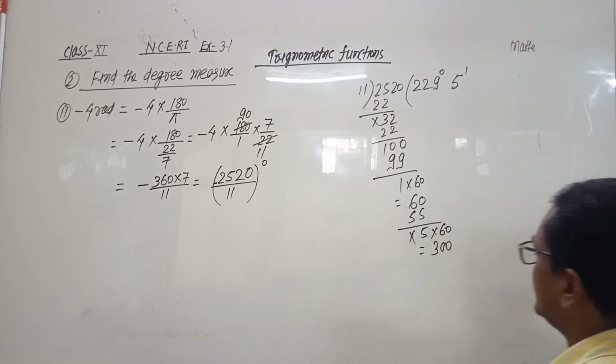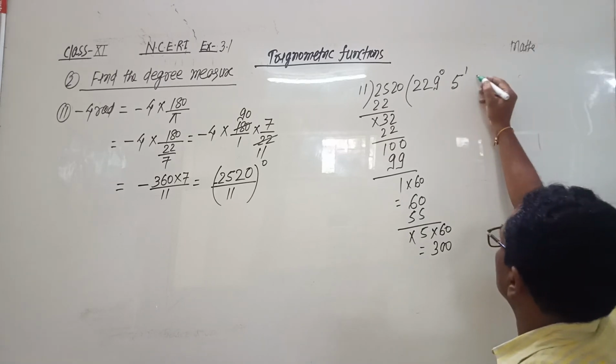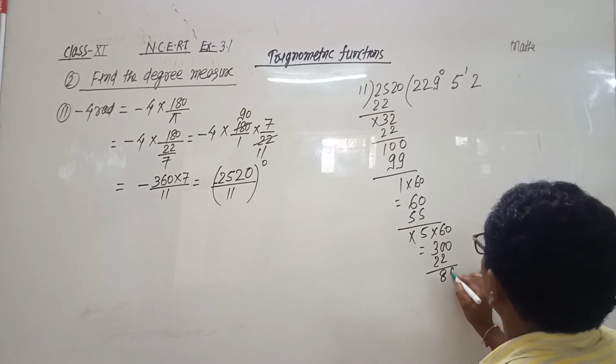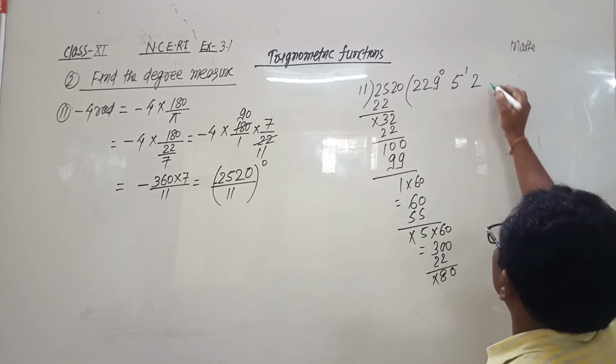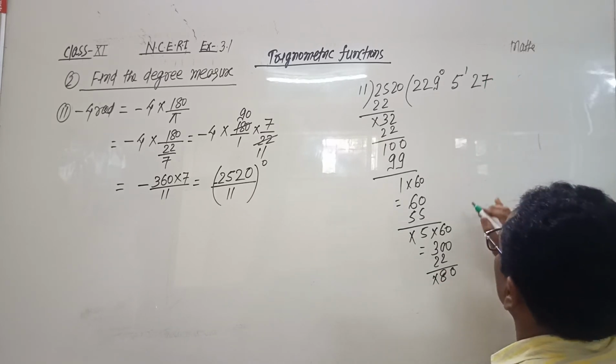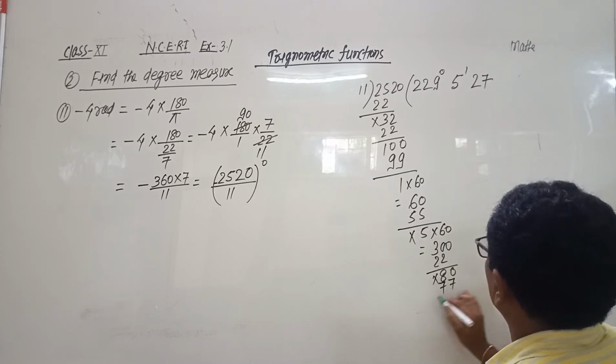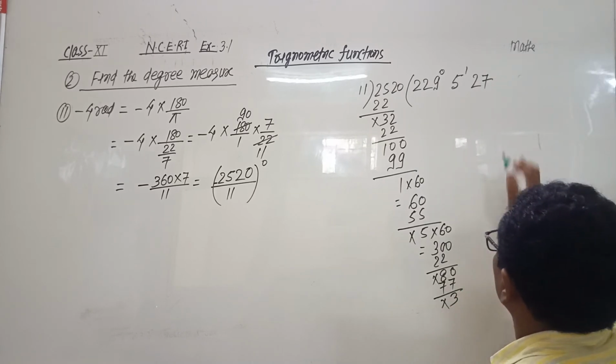So it gives 300. And 11 twos are 22, 8 carry 0, 11 sevens are 77, 3 carry.